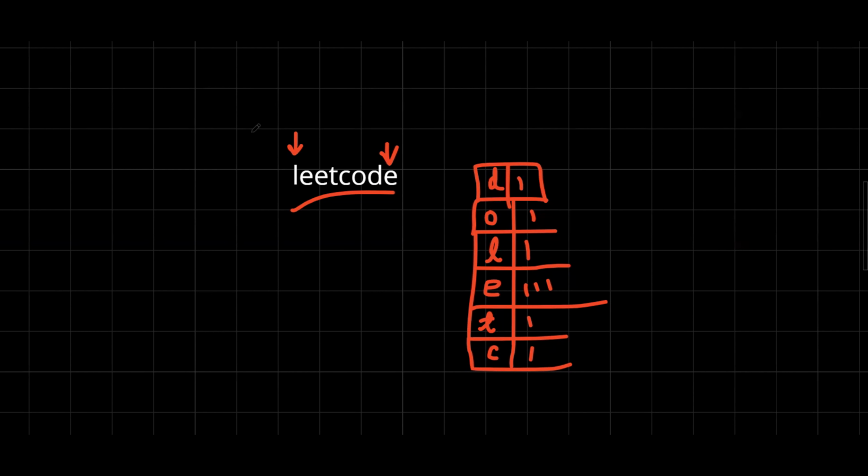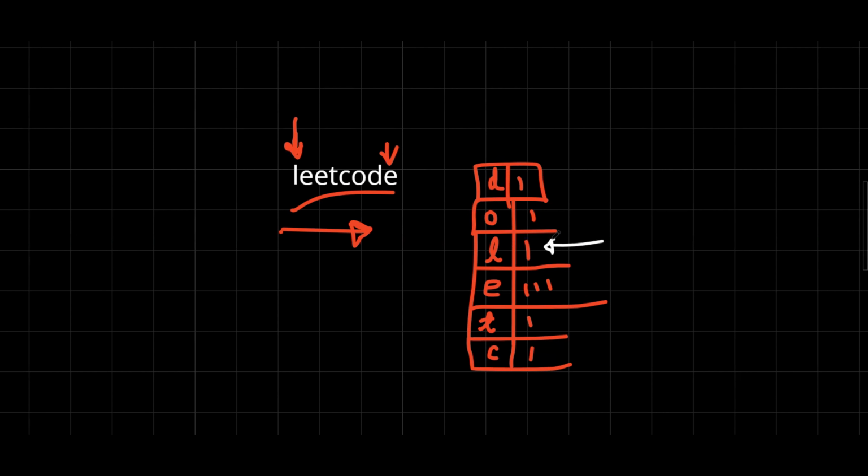Now we have to run a loop from left to right and check whether the frequency of the current element is 1 or not. If the frequency of the current element is 1, we have to return the corresponding index number. Here, if we run the loop from left to right, we will find the element L, and we can see that the frequency of L is 1.